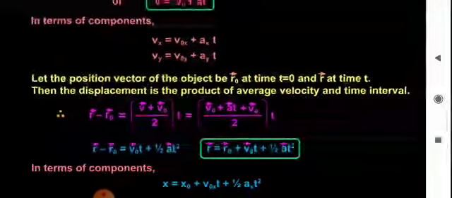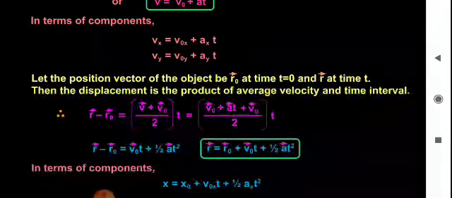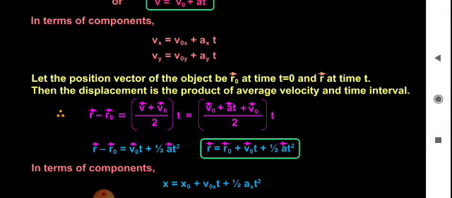So it becomes vector r minus r naught is equal to v naught t plus half vector a into t square. That can also be written as vector r is equal to r naught plus v naught into t plus half vector a into t square.